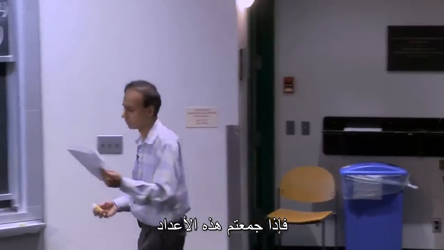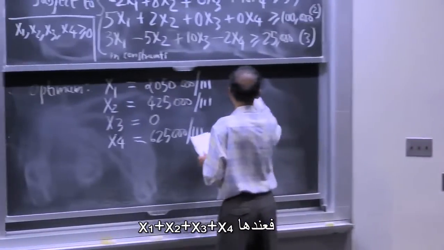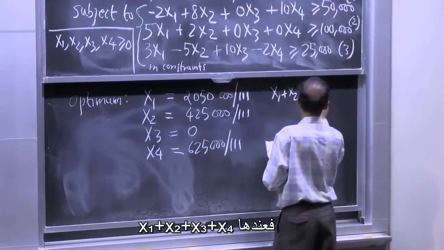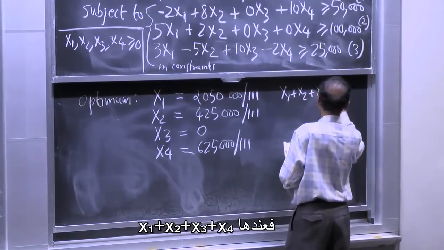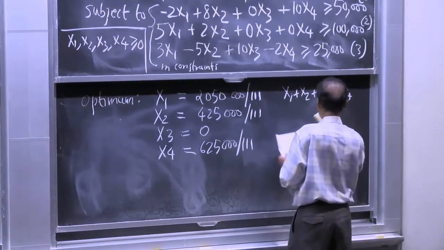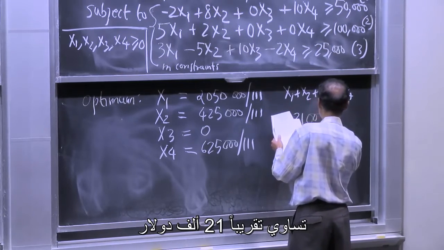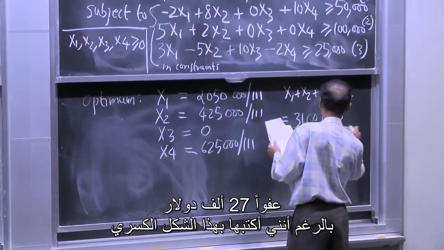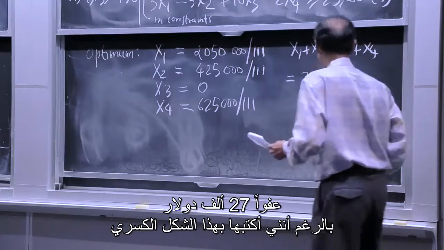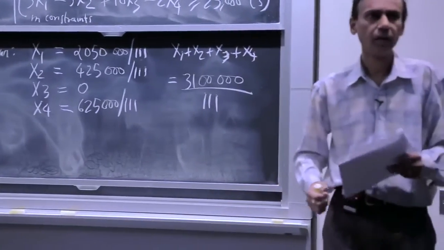Right? So if you add up these numbers, then x1 plus x2 plus x3 plus x4 is something of the order of $27,000, excuse me, though I'm writing it out as this fraction. Right?